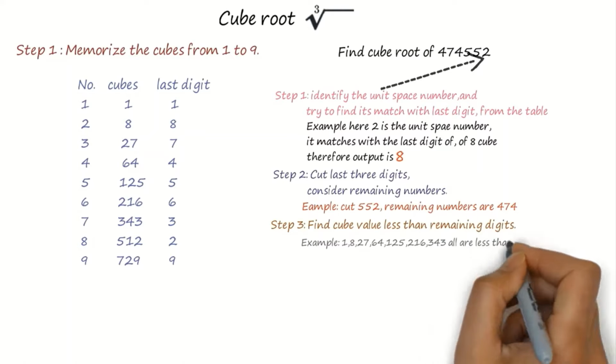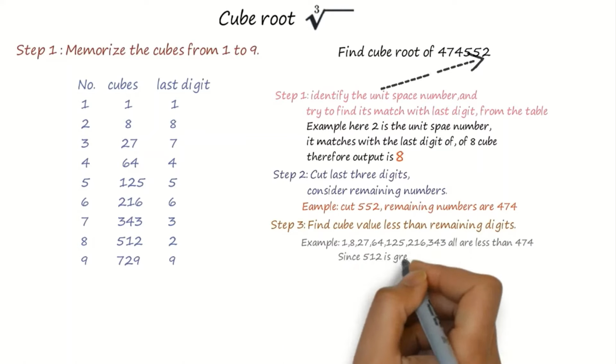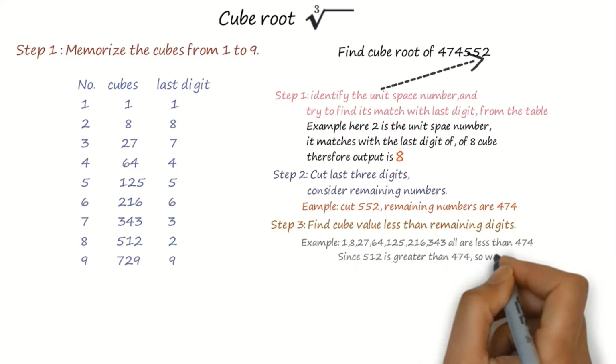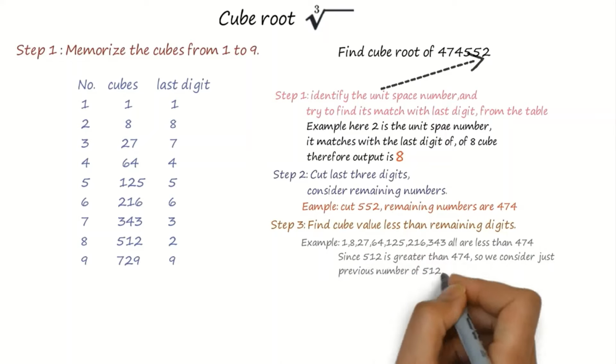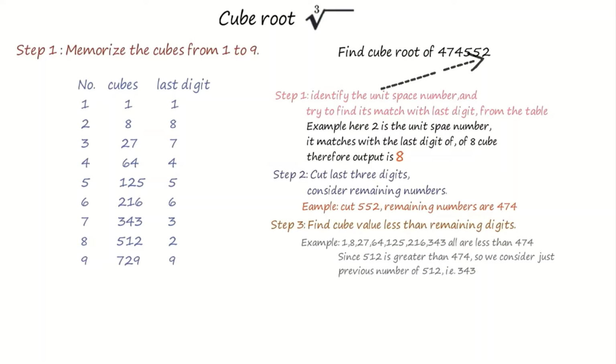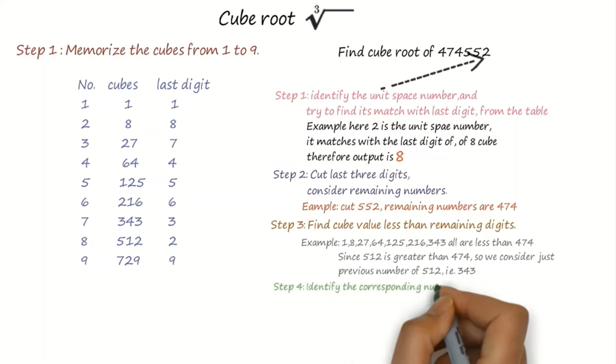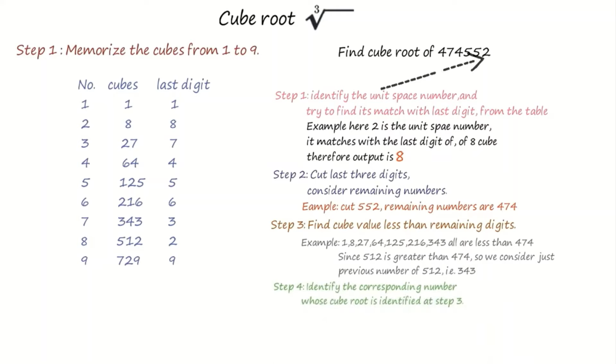As the next cube value is 512, which is greater than 474, we will consider the nearest lowest cube value, that is 343. And as 7 cube is 343, the answer for the 6-digit number will be 78. That is, 78 is the cube root of 474552.